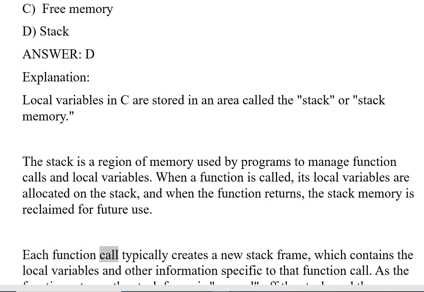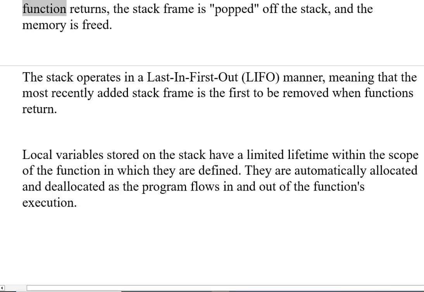Each function call typically creates a new stack frame, which contains the local variables and other information specific to that function call. As the function returns, the stack frame is popped off the stack, and the memory is freed.